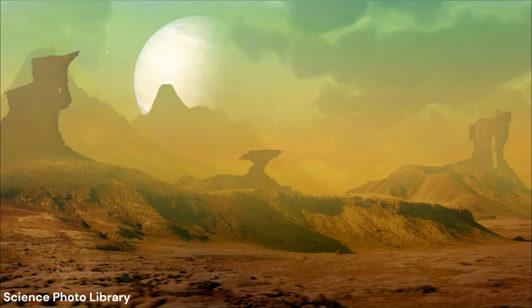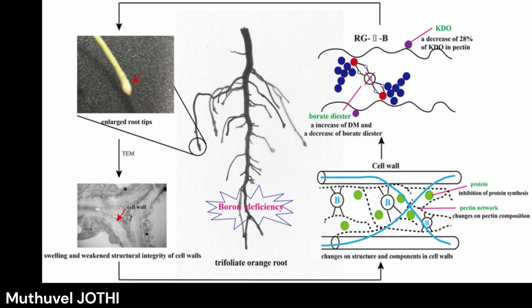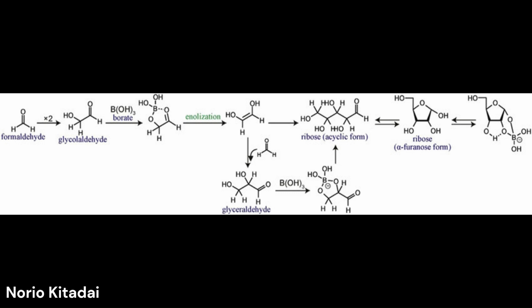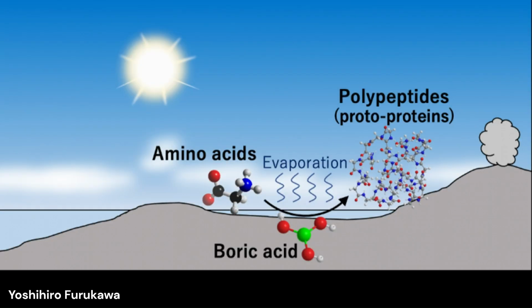Although not a major player in our biochemistry, some biomolecules have boron in them. These include quorum-sensing molecules employed by some bacteria and cross-linking molecules in plant cell walls. Furthermore, borate is shown to catalyze the production of ribose from glycolaldehyde and formaldehyde, nucleotides from ribose, urea, and phosphate, and peptides from amino acids.